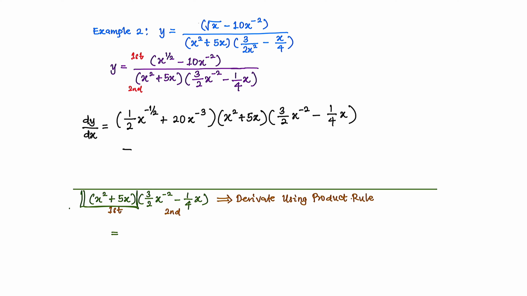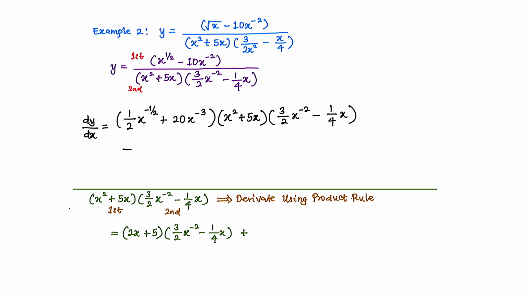The derivative of x squared plus 5x is 2x plus 5. So take the derivative of the first function, multiply it with the second function, 3 over 2x raised to the power minus 2 minus 1 over 4x, plus take the derivative of the second function. So now we take the derivative of this.